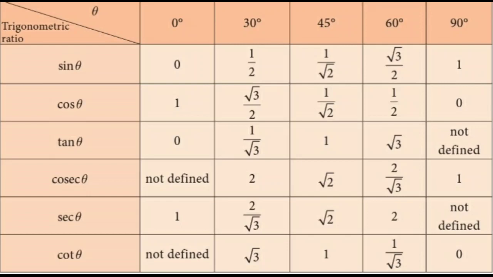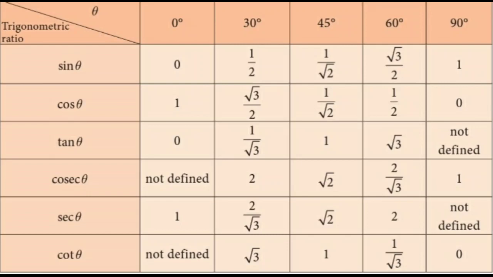Then secant 45 degree is equal to root 2, reciprocal of cos 45 degree. Then secant 60 degree is equal to 2, reciprocal of cos 60 degree. And secant 90 degree, reciprocal of cos 90 degree.